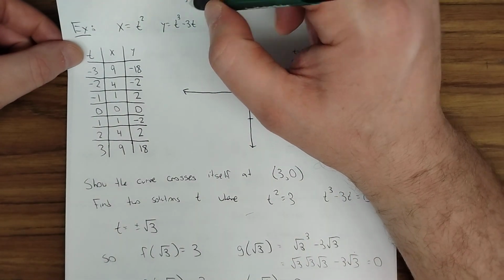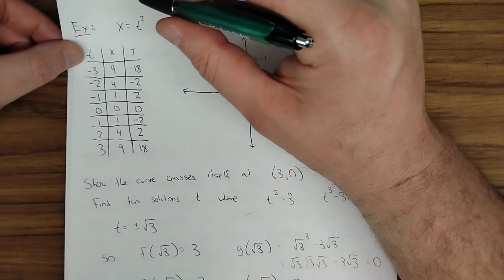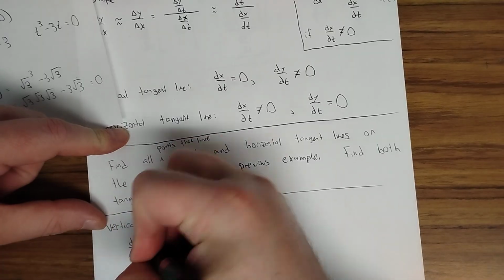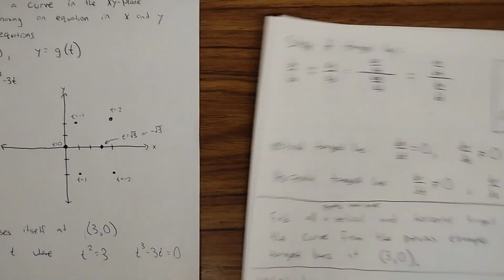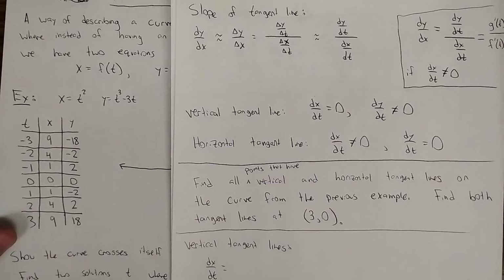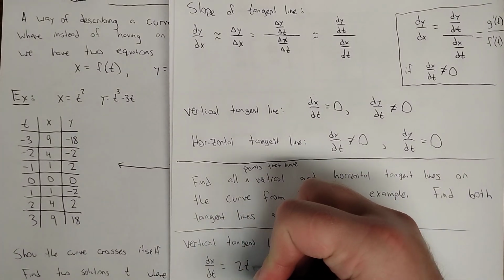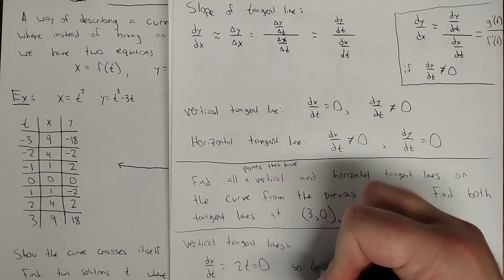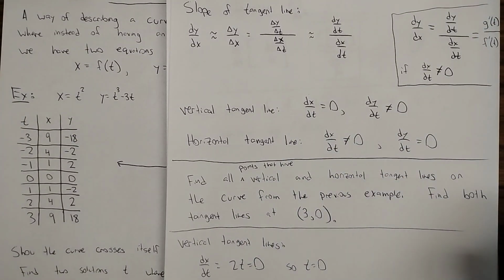So for a vertical tangent line, that's where I want dx over dt to be 0. So dx over dt, for us, that would be 2t. So that would only happen when t is 0.